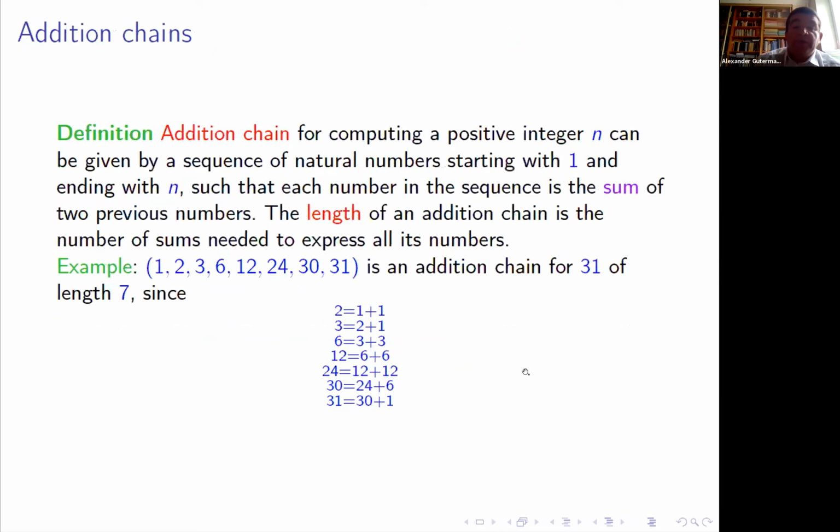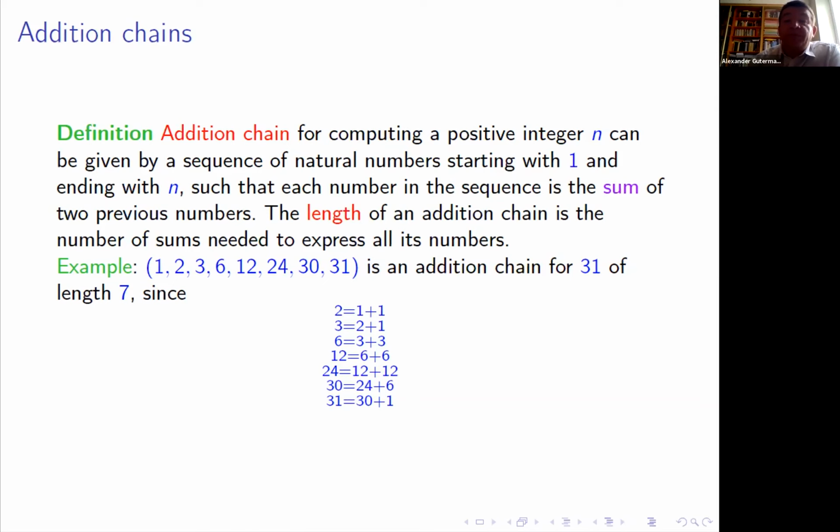So we arrive at the notion which is usually called an addition chain: a sequence where any element is a summation of two previous elements, possibly not the last previous.